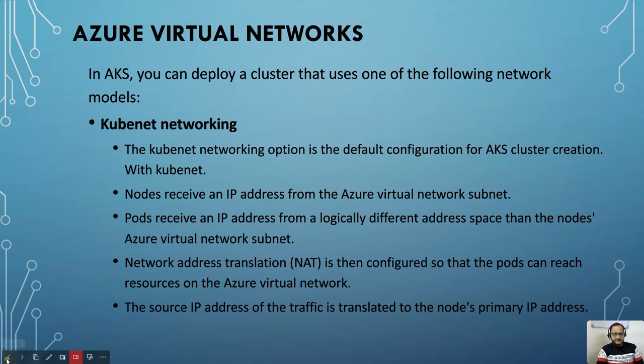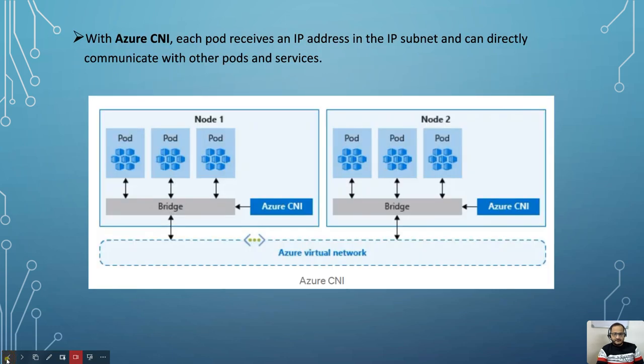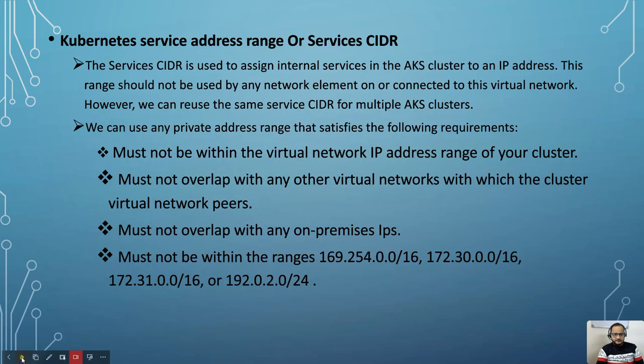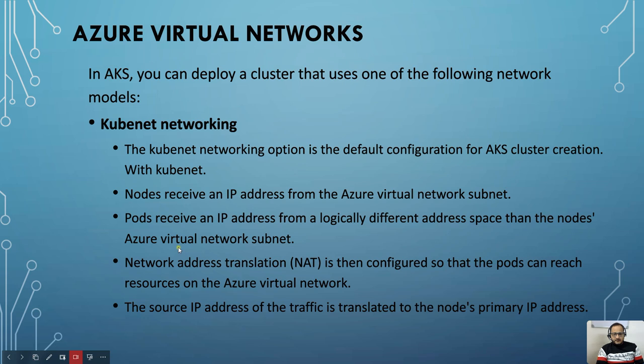If I go back to my previous slides, you see here this pod is getting different IP addresses and the node is getting different IP addresses, but this node IP address is coming from the Azure Virtual Network subnet. A network address translation is then configured so that the pod can reach resources on the Azure Virtual Network.